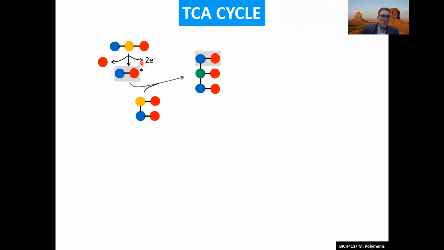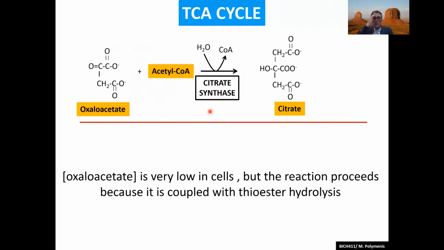During the condensation, by the way, the keto group of oxaloacetate, so the carbonyl carbon here, becomes reduced to a hydroxyl carbon. So the electrons of the carbanion that was formed on this blue carbon here, on the methyl group of the acetyl group on acetyl-CoA, those electrons reduce the carbonyl carbon of oxaloacetate. So now we got our 6-carbon unit.